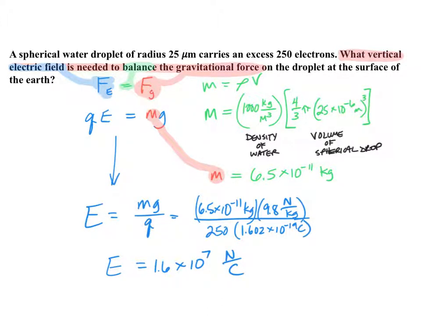So that's 16 million newtons per unit charge, or per coulomb, rather. That's a lot of newtons. That's a lot of professors standing on top of this pile of electrons. And that's it.